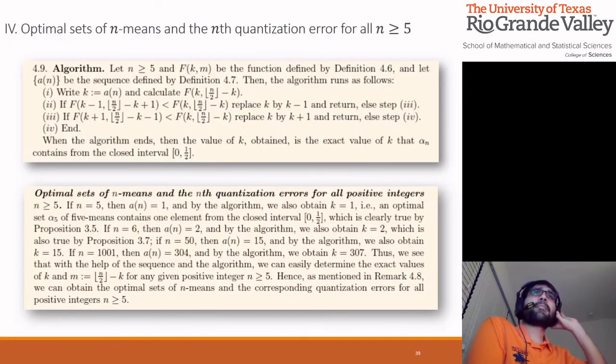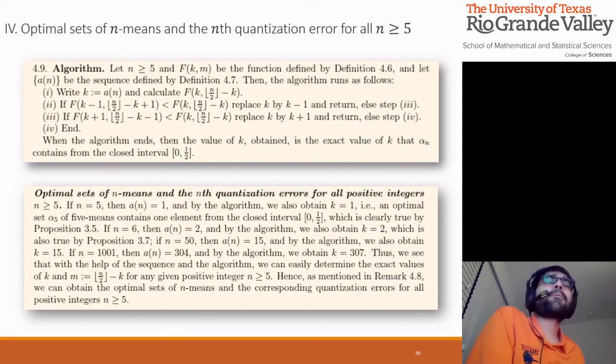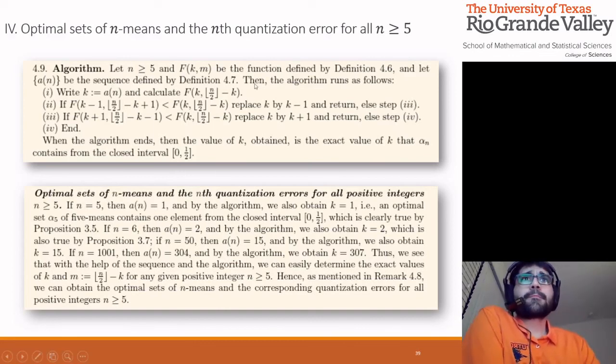So let me explain how the algorithm will work. Let's suppose we want to find the quantizers for 7 means, when n equals 7. The algorithm is that, for any n greater than or equal to 5, using the function defined before in 4.6 and the sequence defined in definition 4.7, the algorithm will run as follows.